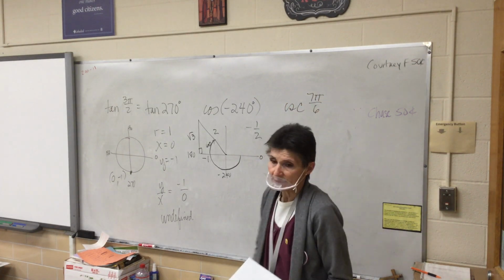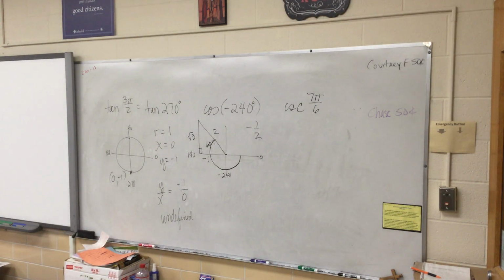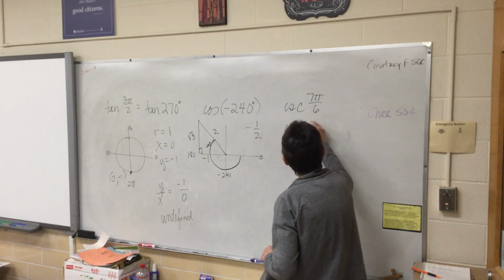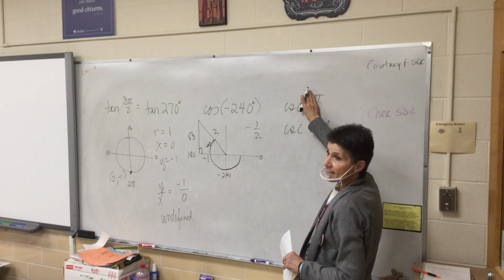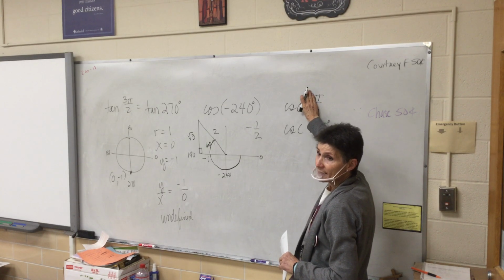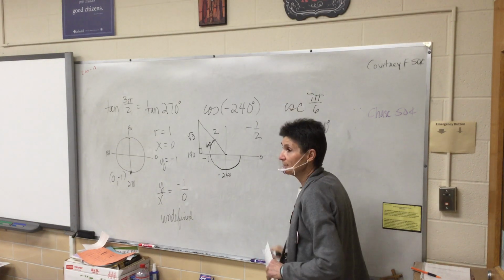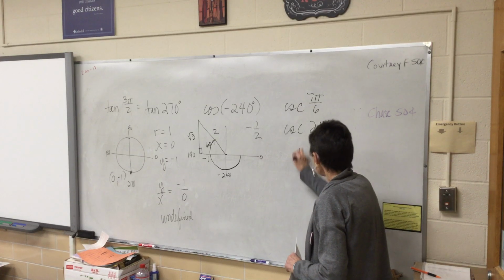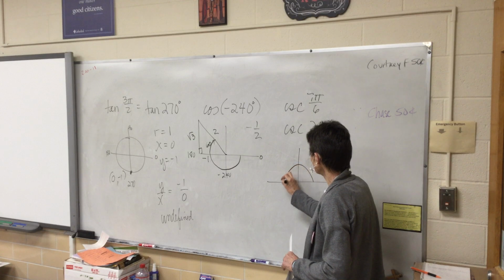All right, cosecant, 7 pi over 6. What do you think about that? All right, he's already figured out it's 210. And for those of you that aren't quite as fast as David, pi is 180, divided by 6 is 30, times 7 is 210. So now that's a positive 210, so I'm going to go this way.